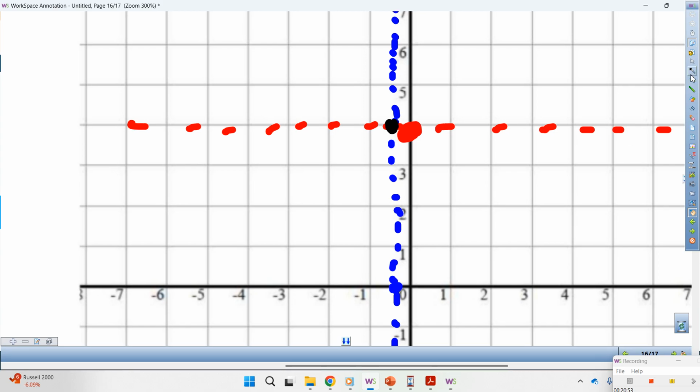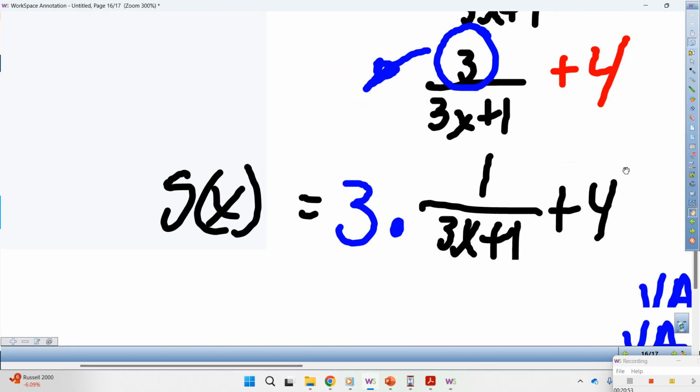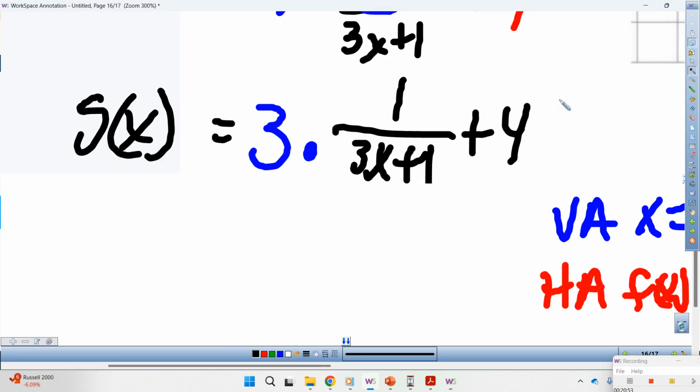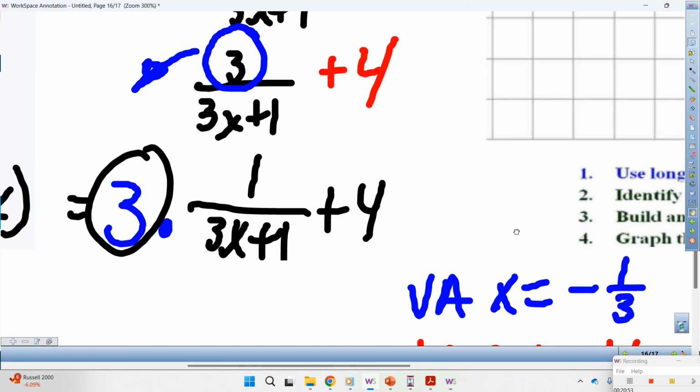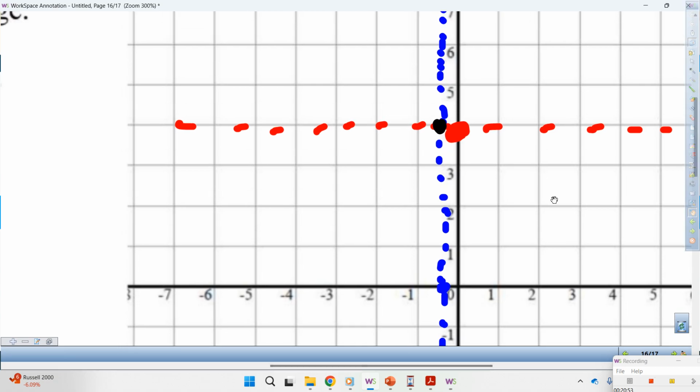All right. So, let's pass it to, how about, why haven't we called on in a while? Monse? All right, Monse. So according to our function, what is in the front of our function? It's a 3. Okay. So, where do I place my point from the center of the asymptote?